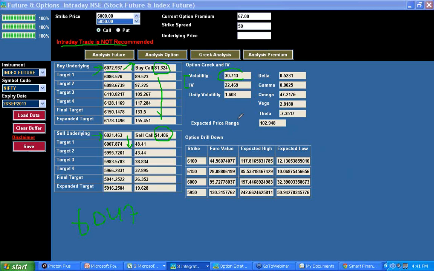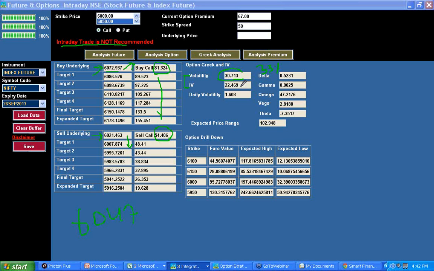Whenever implied volatility and volatility differ by 33% from each other, either this one is higher by 33% or this one is lower by 33%, if that relationship is not maintainable in that 33% band, then you must not enter intraday trade in that particular option at all.